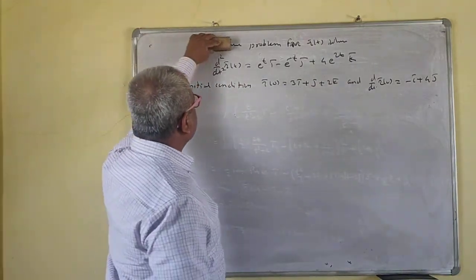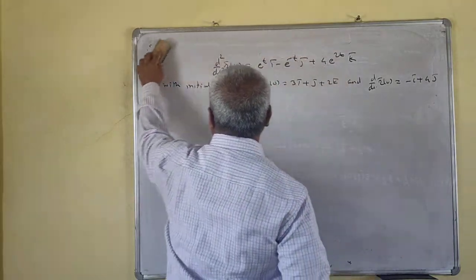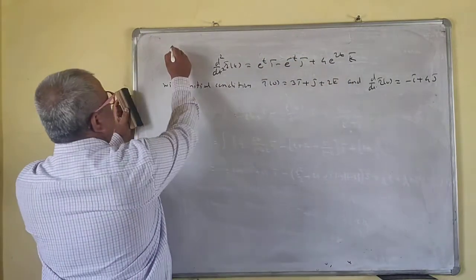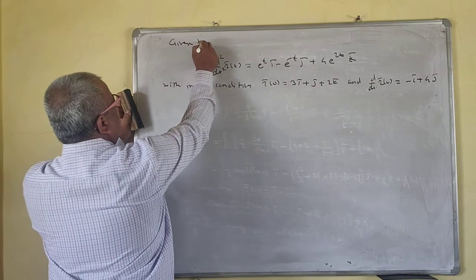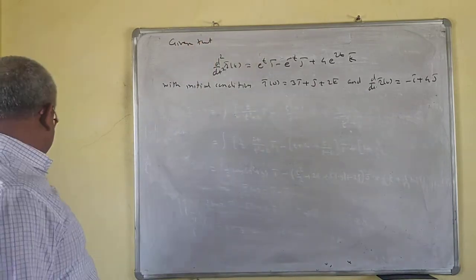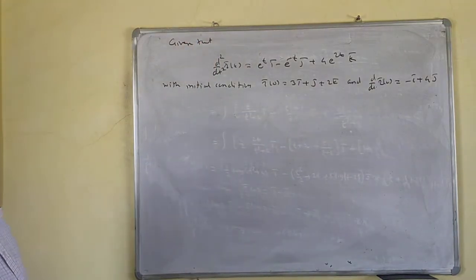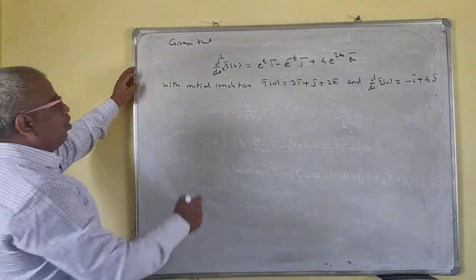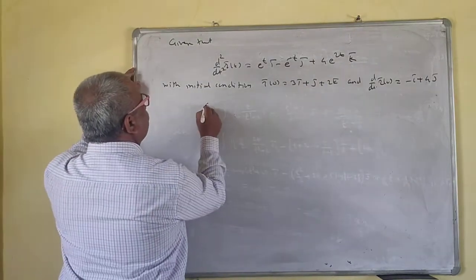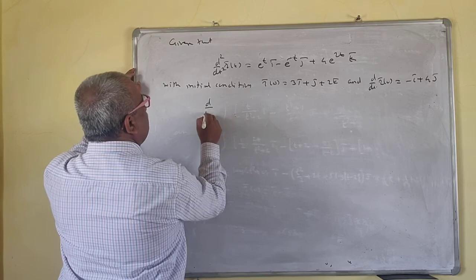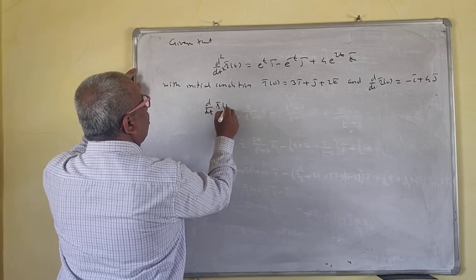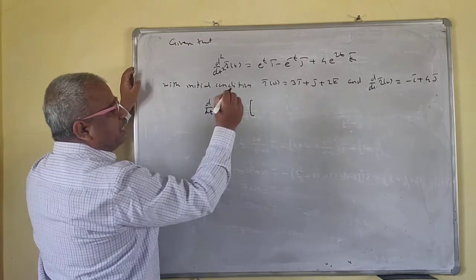Okay, so solution, given that this. You may write this. Now you will integrate this. So d by dt of r bar of t is equal to, we just integrate this.